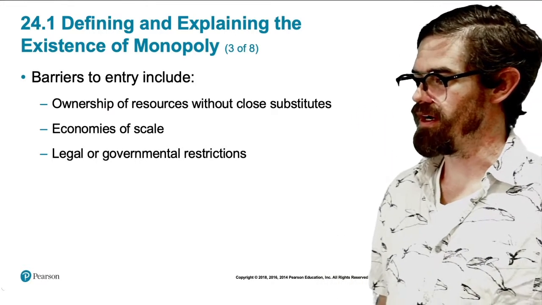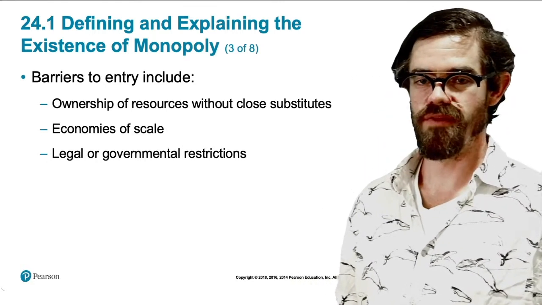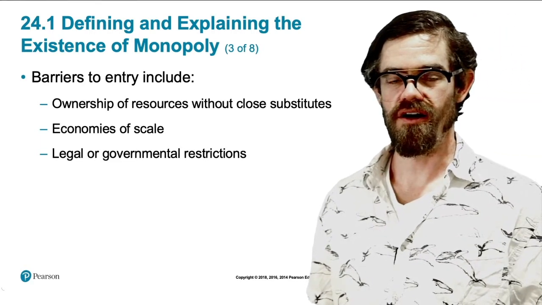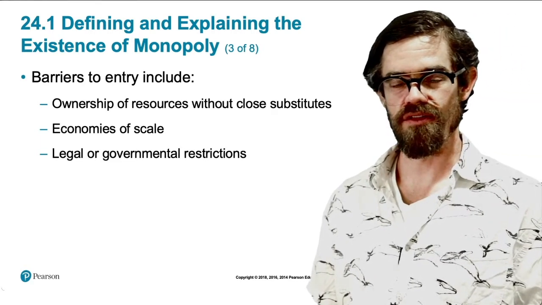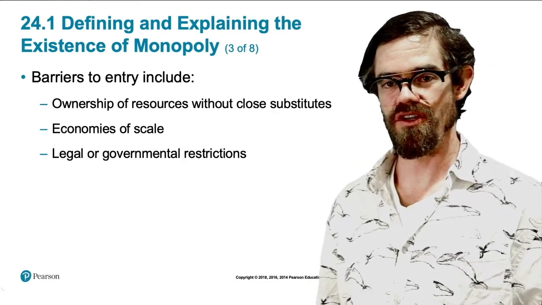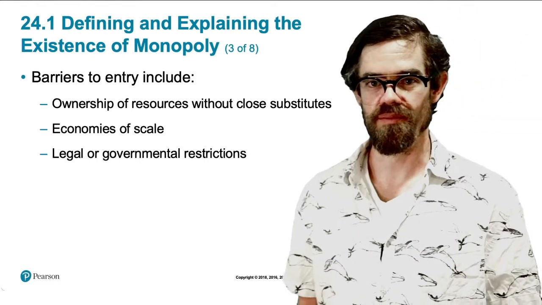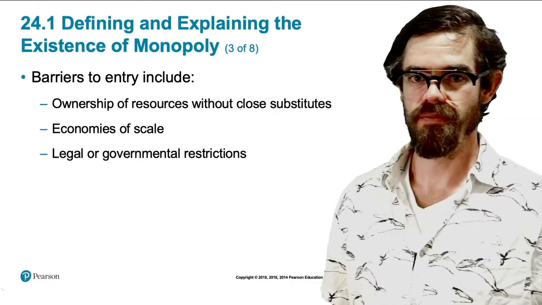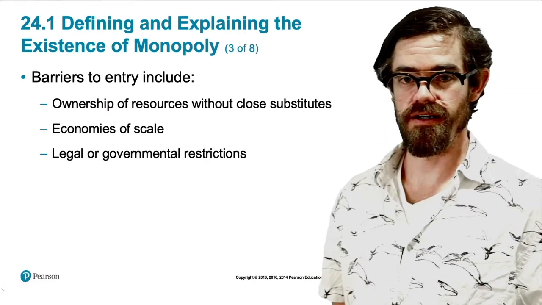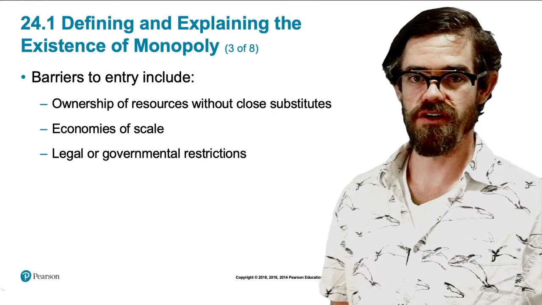Another type of barrier is a barrier resulting from economies of scale. Recall what economies of scale means. It's when the firm's long run average total cost curve is downward sloping. A good example of this would be something like Georgia Power. Georgia Power and other types of utilities as well, like Comcast, have very large upfront costs, right?